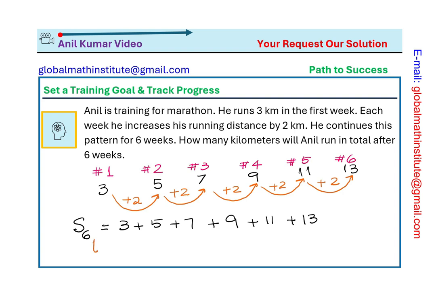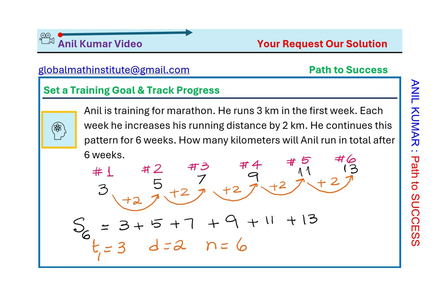The first term, we say t1, is 3, and the common difference by which it increases is 2. So using these two numbers, we can have a formula for n numbers. n is 6 because that is the total number of weeks we are looking into, right? So we can use the formula and then find the answer.